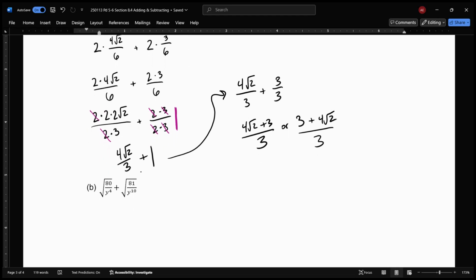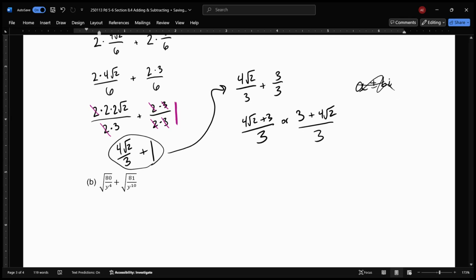If you left it here, I'd be okay. If you left it here, I'd be okay. Sometimes we'll tell you a plus or minus bi when we start talking about complex numbers. Anyway, it's neither here nor there, but they're all equivalent.